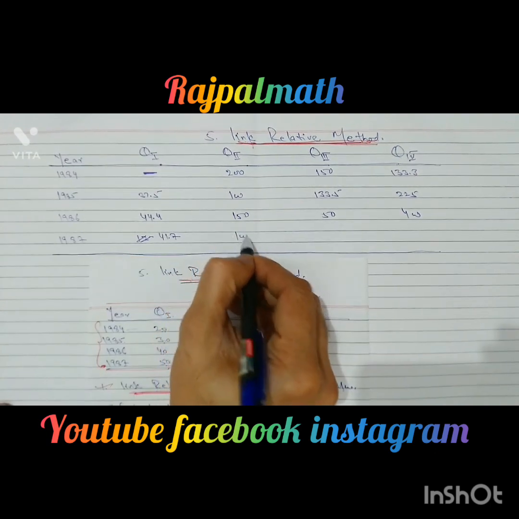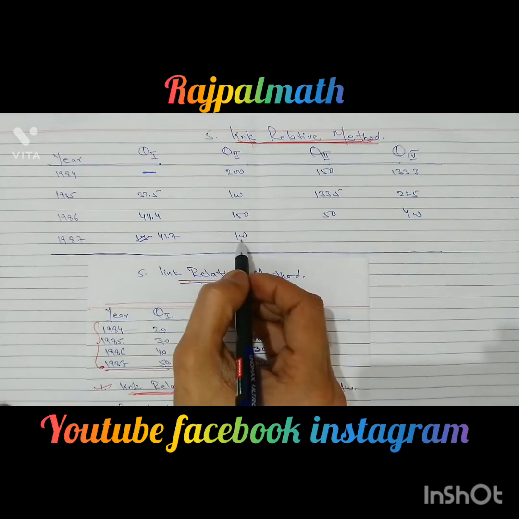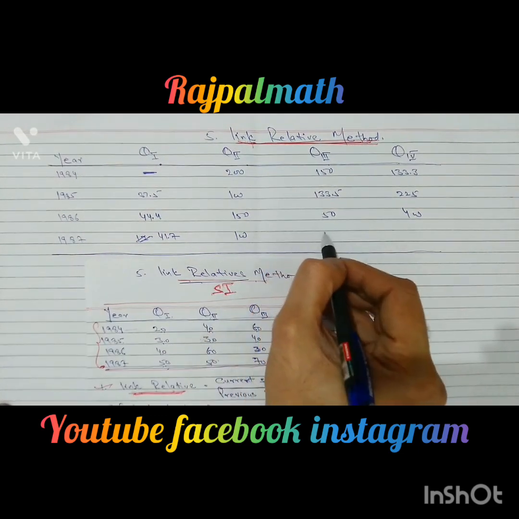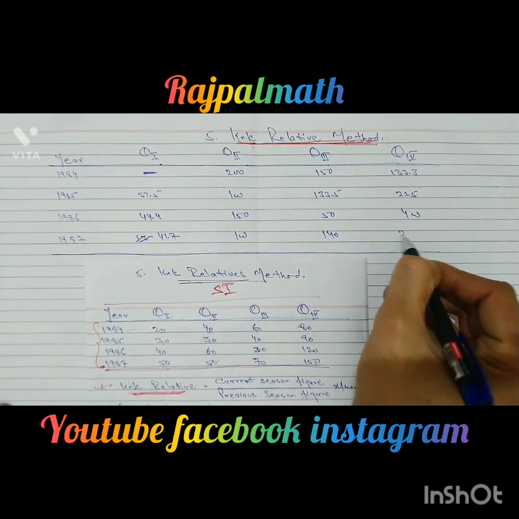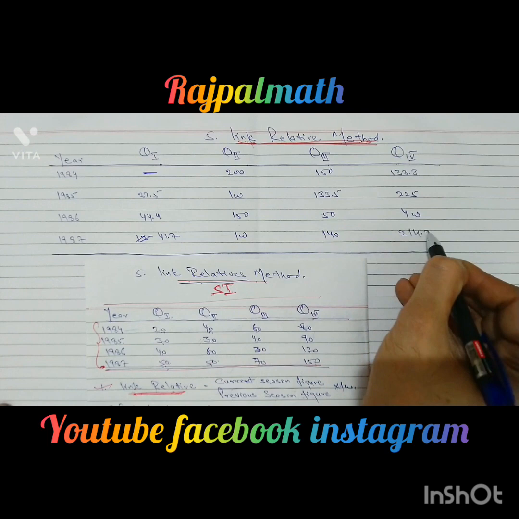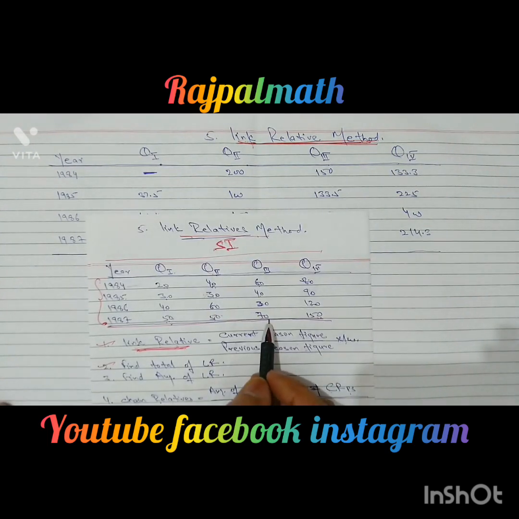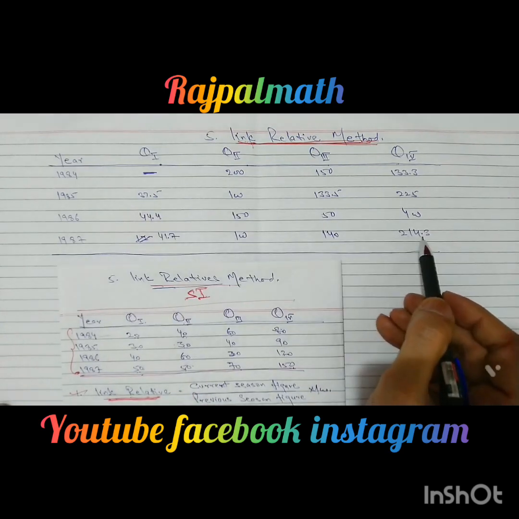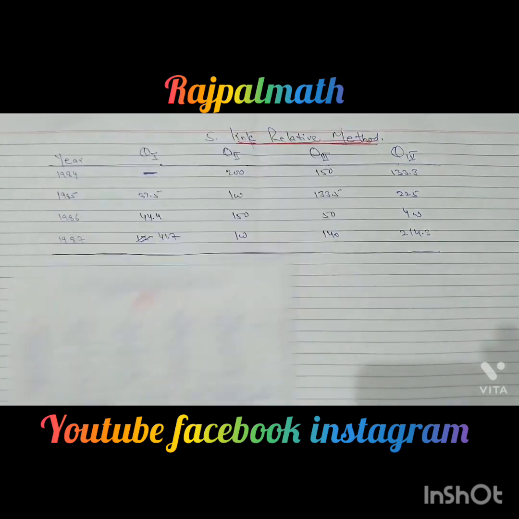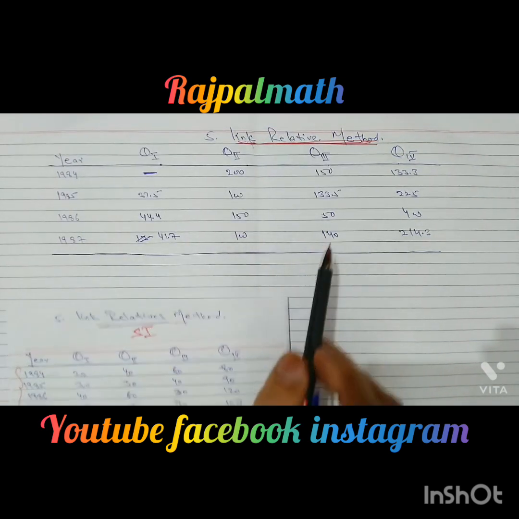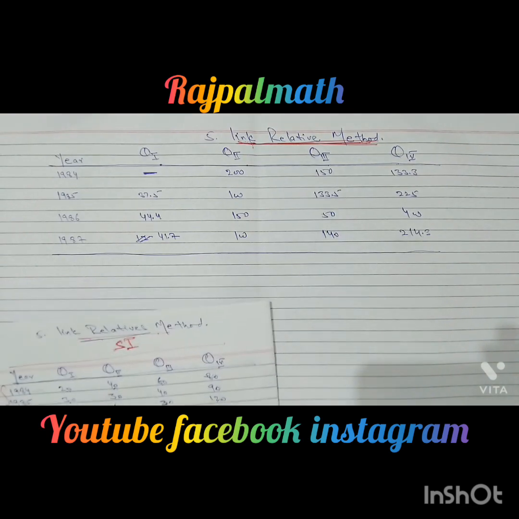Then 50 divided by 50 into 100, 100. Next term is 140 and next term is 214.3. Clear? 150 divided by 70 into 100 is 214. So our first step is done: link relatives are calculated, current figure divided by previous figure into 100.